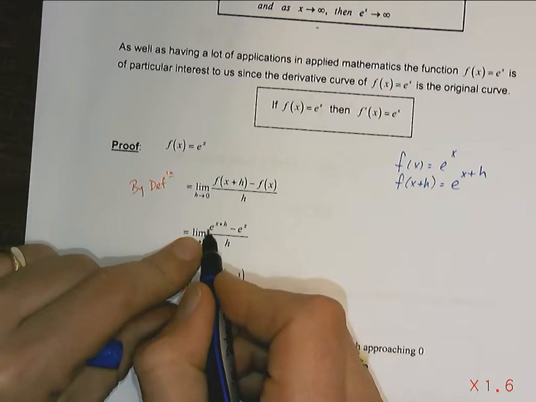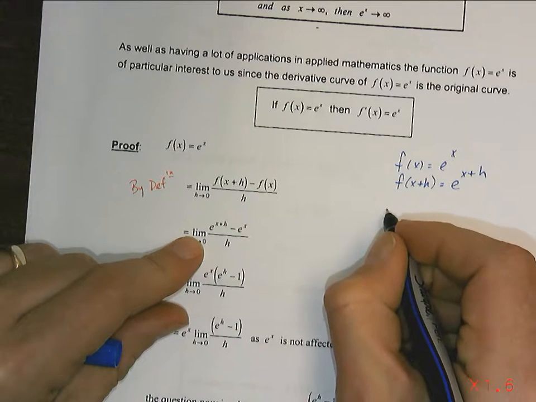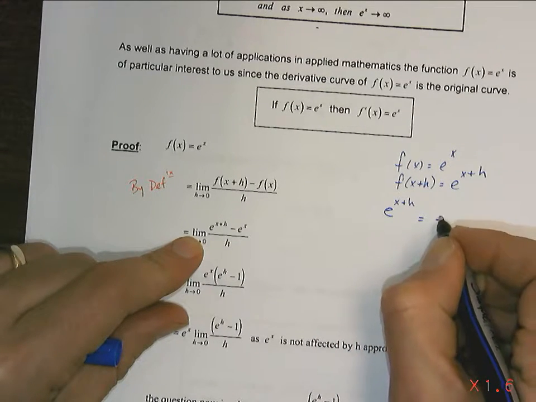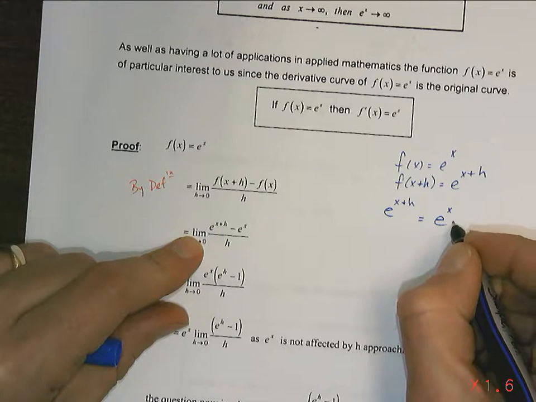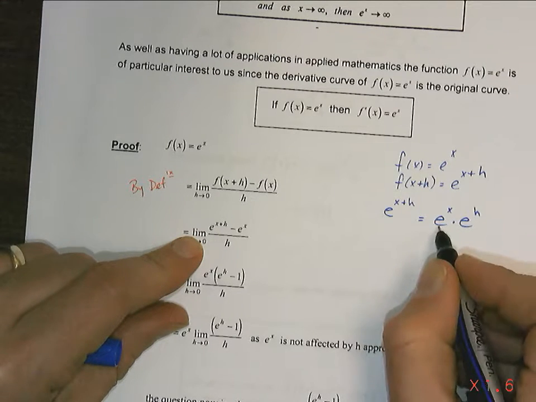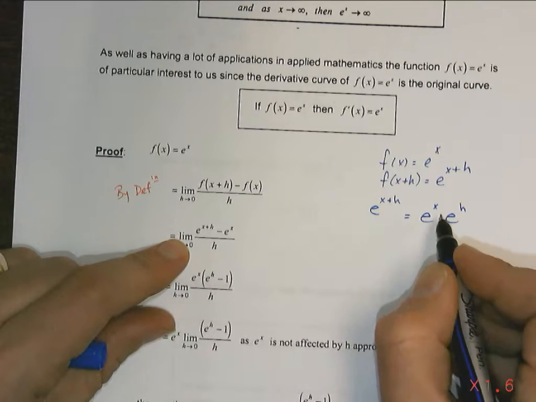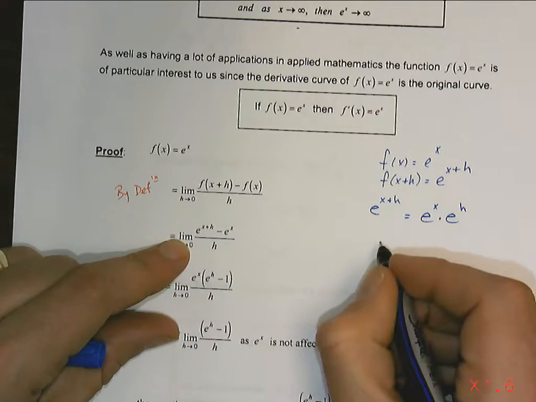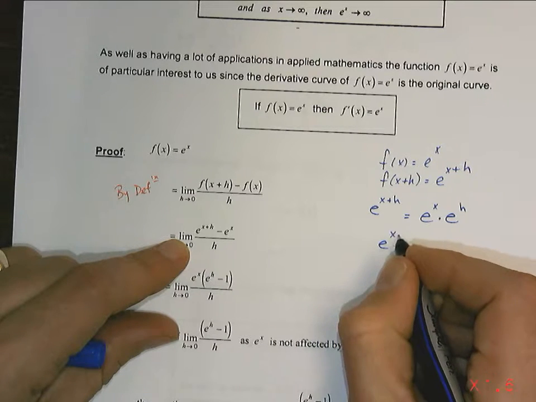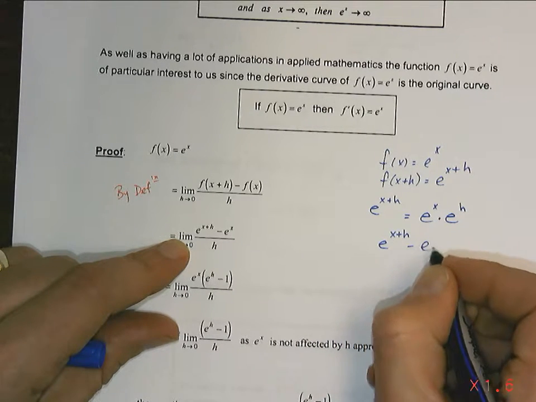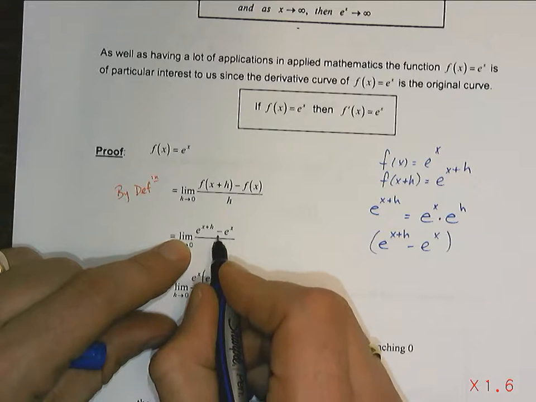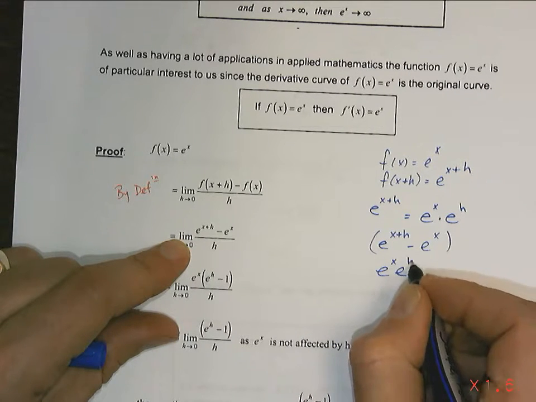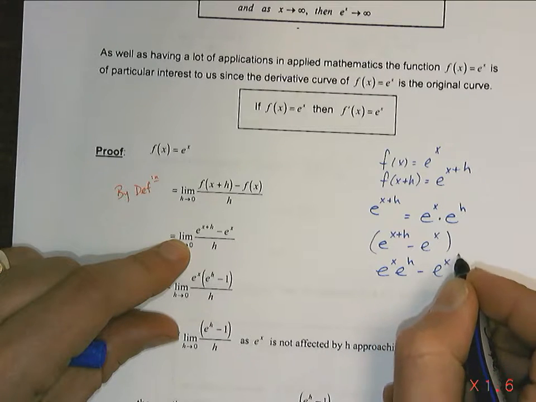Now I want you to notice this: if I have e to the x plus h, then using exponent laws, that's the same as e to the x times e to the h. If the bases are the same, then we add the exponents and keep the same base. So this e to the x plus h minus e to the x that I have here could be written as e to the x times e to the h minus e to the x.